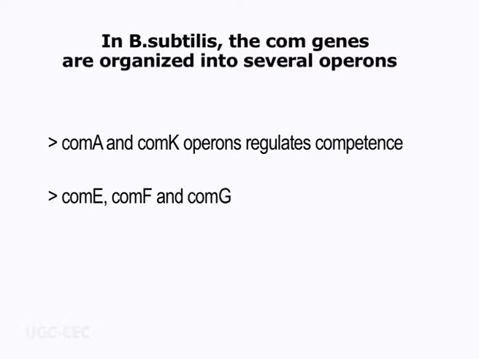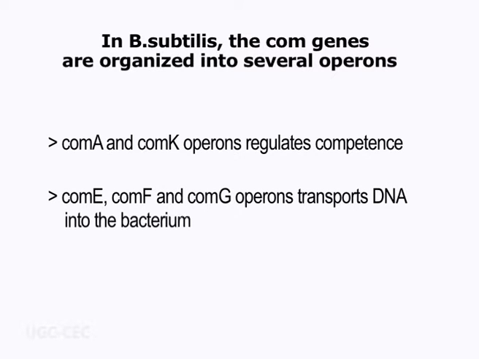And there are COM-E, F and G, which make proteins present on the cell surface or on the membranes, responsible for binding the DNA and taking it up from the outer cell surface to the inner cell.